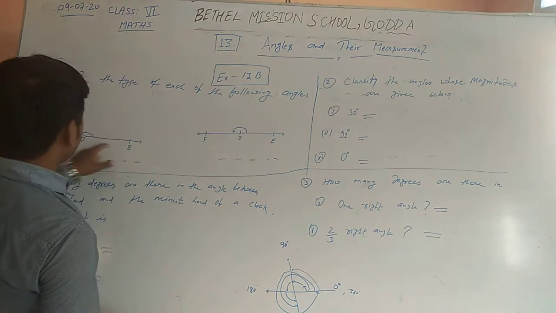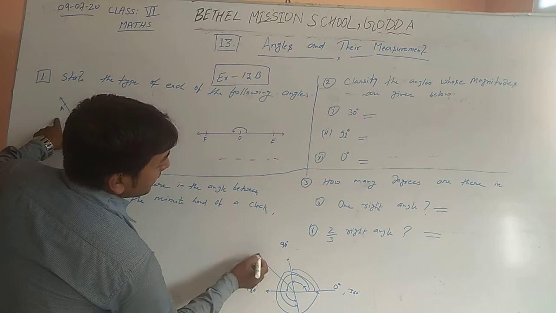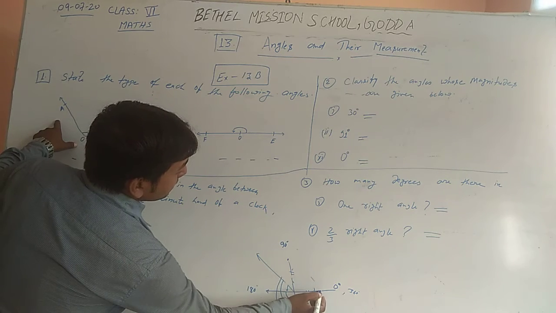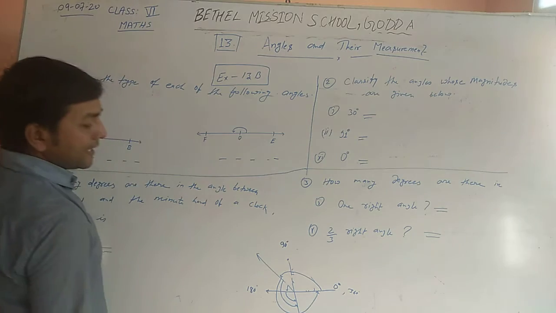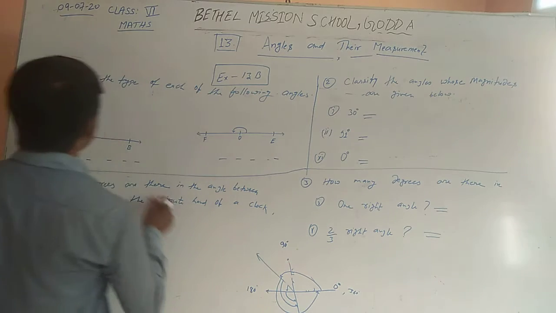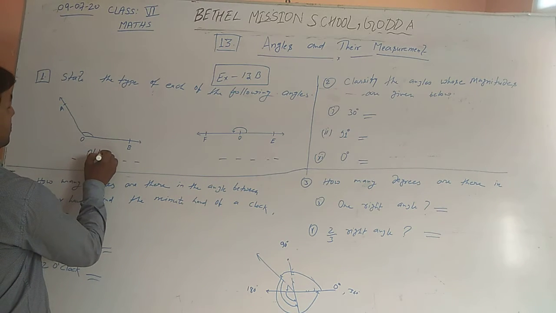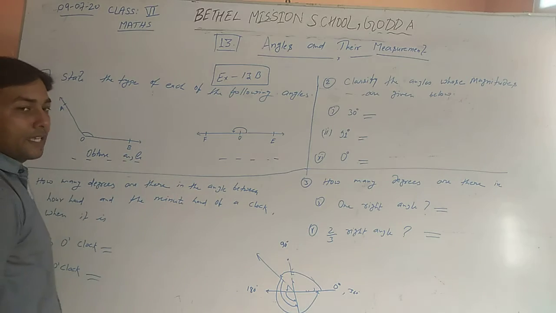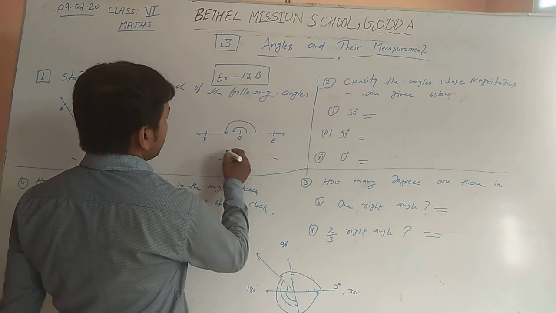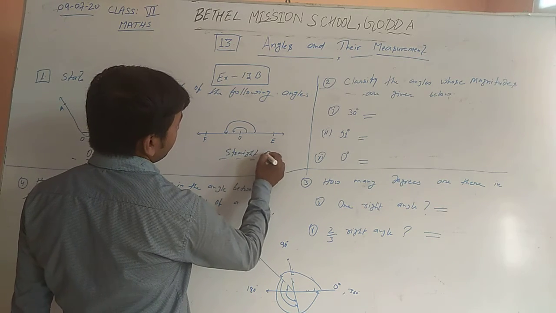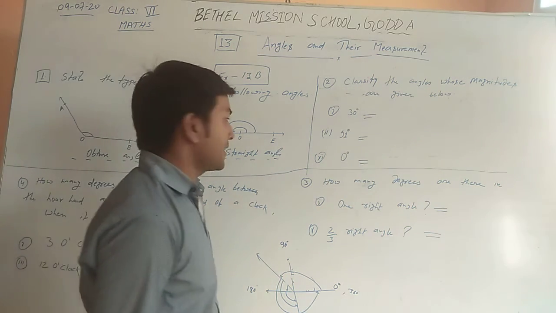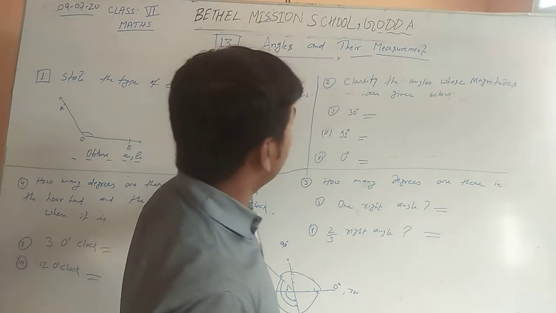Now from 0 to this, it is more than 90 degree, so you can say this is an obtuse angle. And when you start from here, this is a straight line, so this is a straight angle. The rest you will do yourself. I have taken two only.